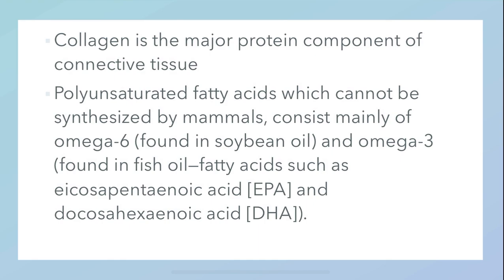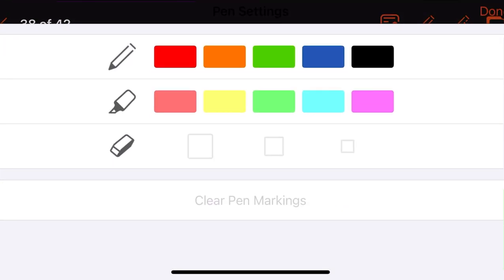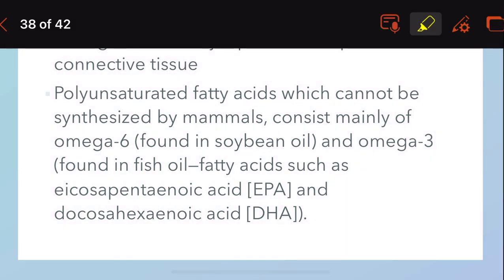This omega 6 is found in soybean oil and omega 3 is found in fish oil. They contain the fatty acids, right? Those fatty acids are eicosapentaenoic acid EPA and docosahexaenoic acid DHA. So guys, you see, we cannot synthesize them on our own. They cannot be synthesized by mammals.